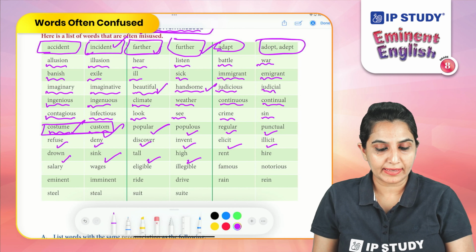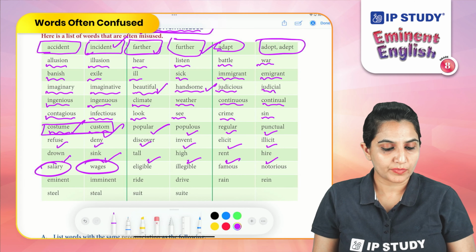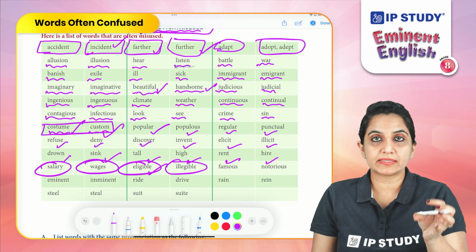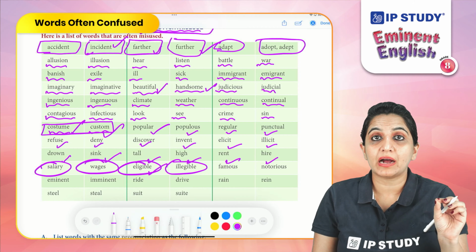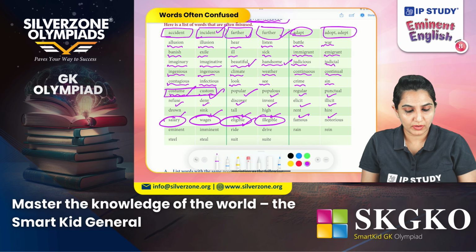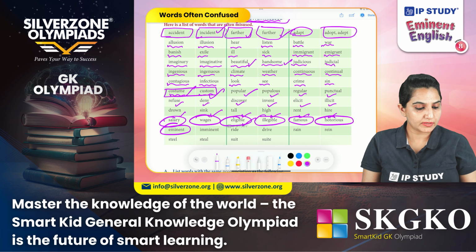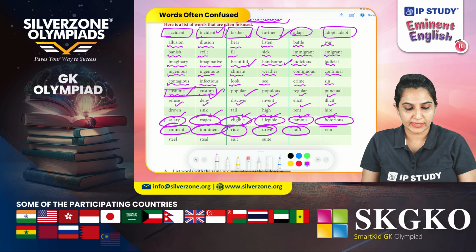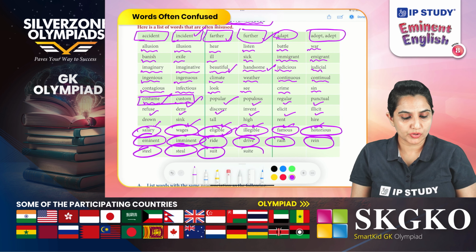Tall, high. Rent, hire. Salary, wages. Eligible, illegible. Eligible is when something is valid. Illegible means when something cannot be understood. Famous, notorious. Eminent, imminent. Ride, drive. Rain, reign. Steal, steel. Suit, suit.